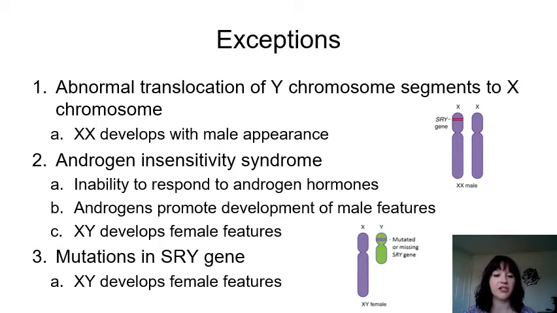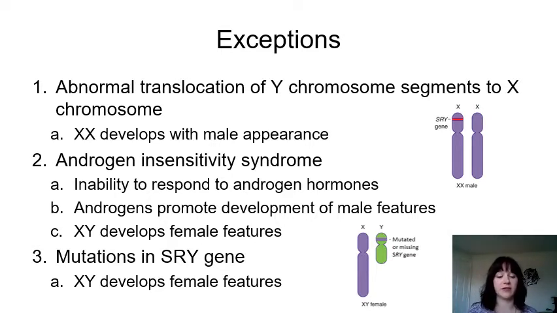is androgen insensitivity syndrome. In this case, there's nothing wrong necessarily with the chromosomes. However, the body has mutations in genes that are responsible for responding to hormones. Androgen is the hormone that's responsible for male development. If you have a signal, it has to bind to a receptor.